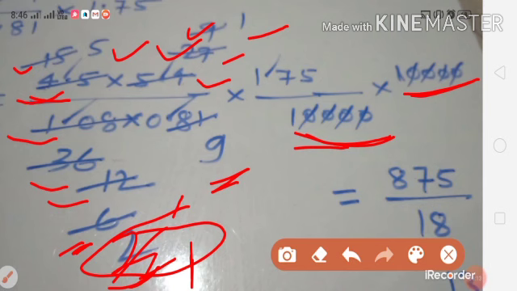I attached one more in the below, so I think that this is correct. 1 2 3 4 5, 1 2 3 4 5.